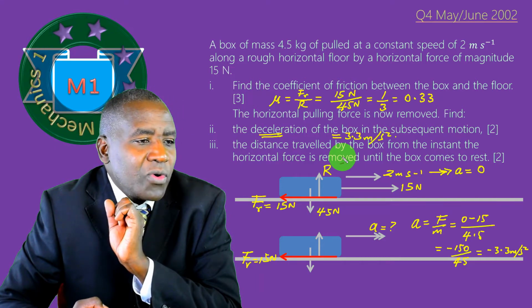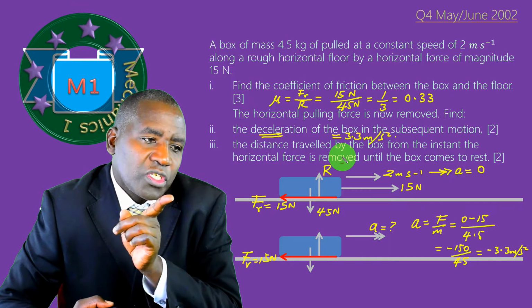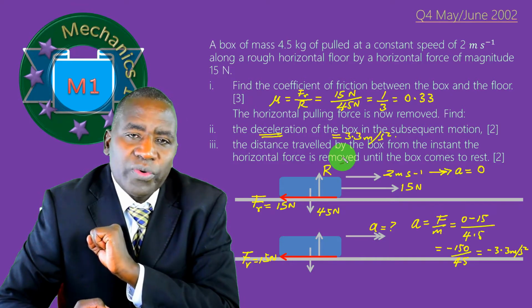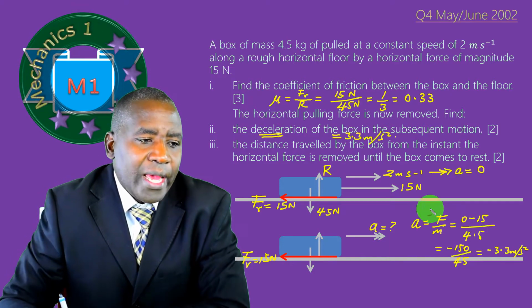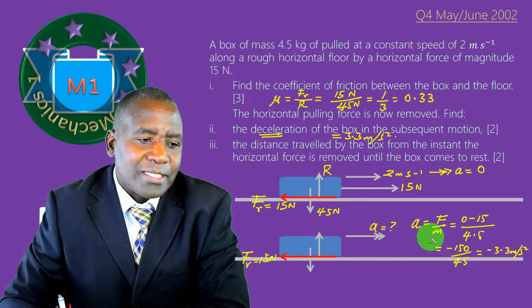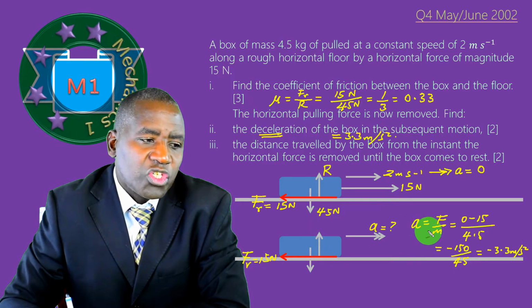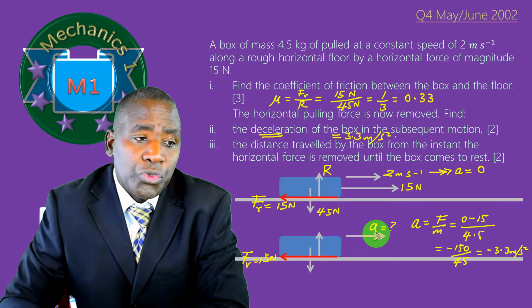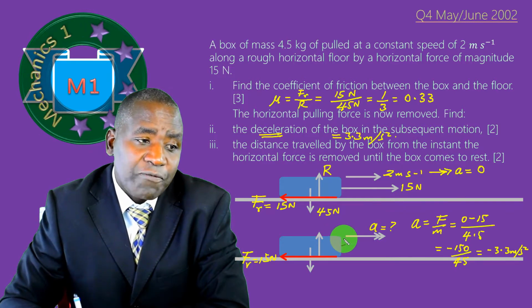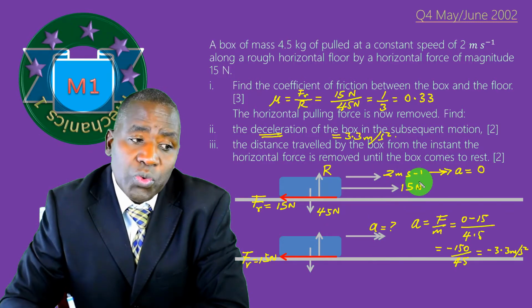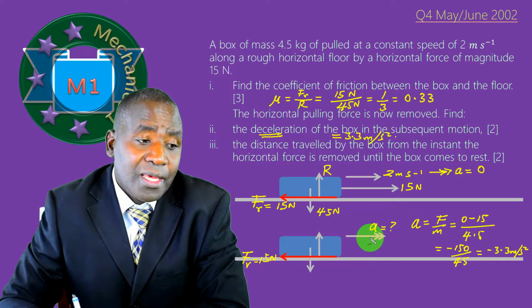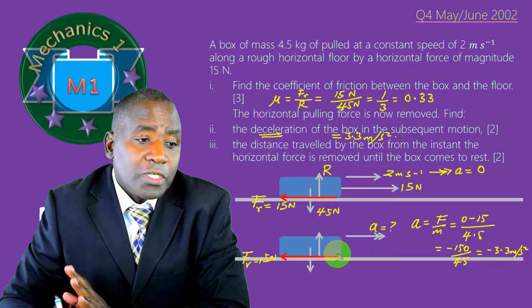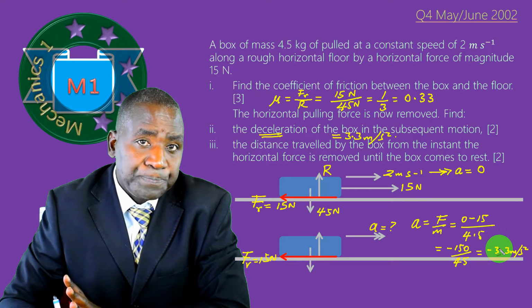The distance traveled by the box from the instant the horizontal force is removed until the box comes to rest. Of course, now I have so much information. I've got the acceleration. I've got the initial speed is 2 meters per second, because when the force is removed, it is moving with the 2, and the final velocity is 0. Notice that no time has been mentioned.